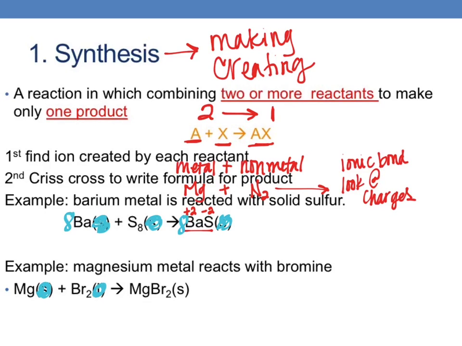It's exactly what we've been doing, except for now I've put some parameters where you have to be able to predict what's going to happen. So if I go to magnesium reacts with bromine, magnesium is my metal, bromine is my nonmetal, and we get this ionic compound being made. So we have 2 becoming 1.